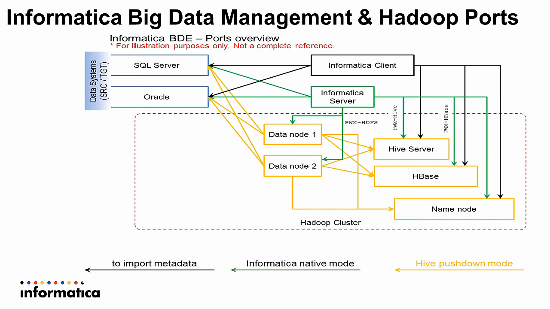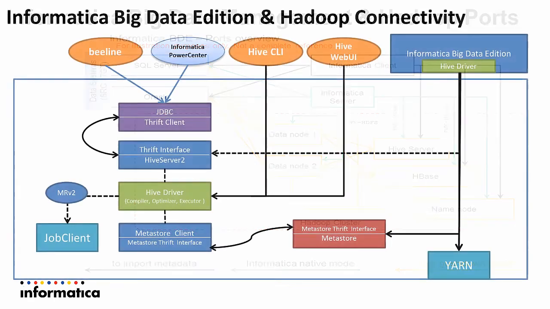We won't go into details of ports because, as you can imagine, there are a number of ports within the Hadoop ecosystem, within the Hadoop cluster itself, that you need to communicate with. But in the install config, we'll go through at a high level what ports you would open, or what ports you need to interact with, right, at a very high level.